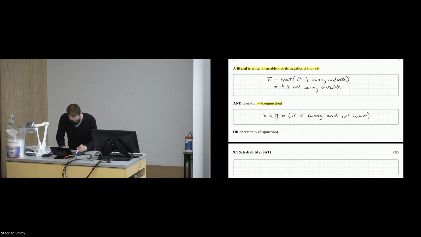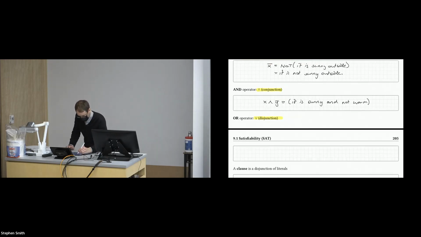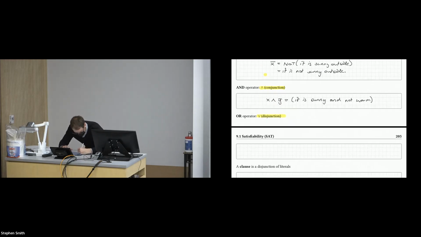And then the other main operator is disjunction, which is an or. So you could write X or Y or not Z, let's say. Or how about I write a simpler one? X or Y is, it is sunny or it is warm.